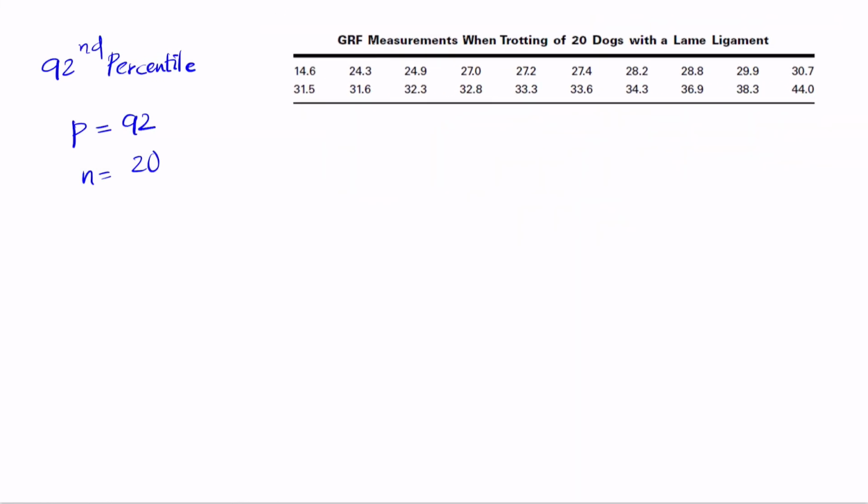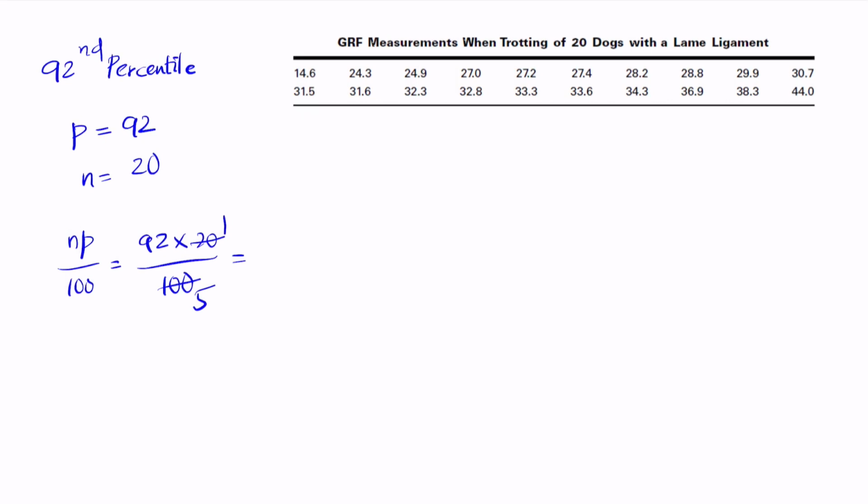So we have to find NP by 100, which becomes 92 into 20 divided by 100. So we get 92 by 5, which becomes 18.4. Now we cannot find the 18.4th observation.